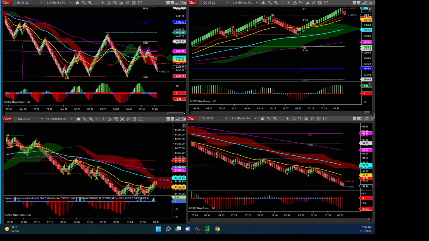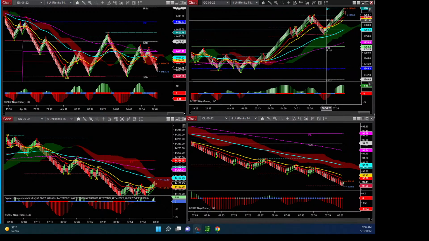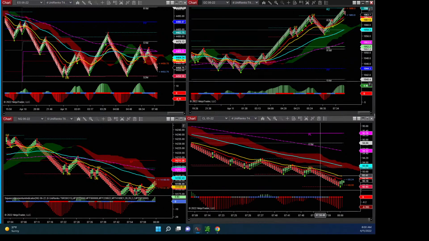So that one was a small gain, didn't move really. A little bit extended now, so not gonna try again. Wanna see if it resets.